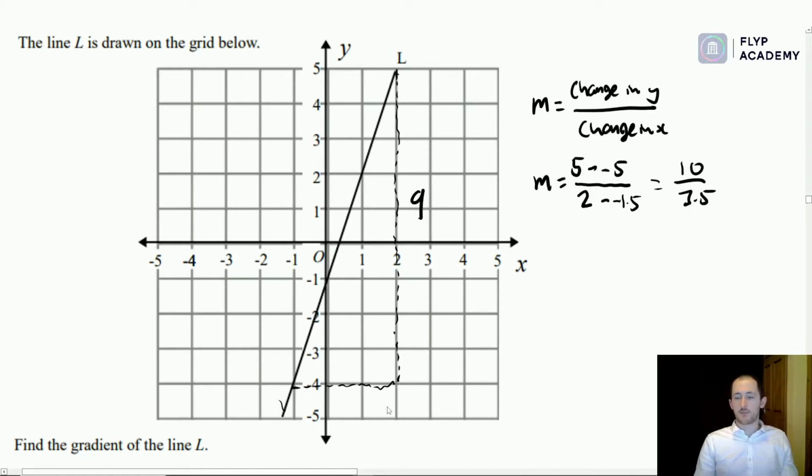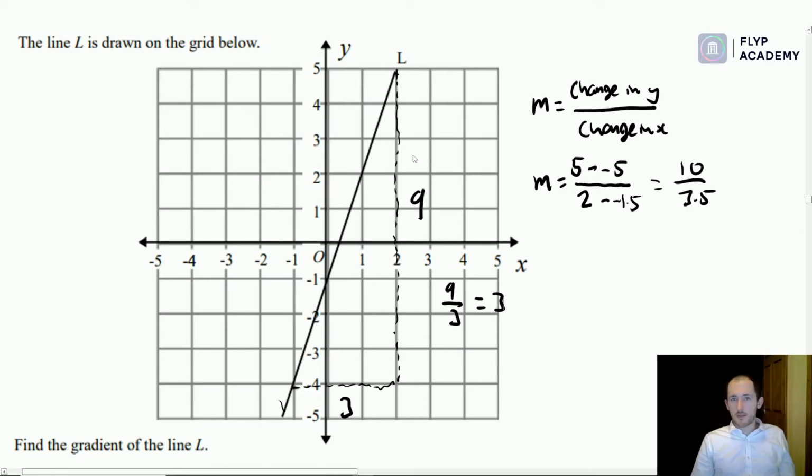How many across is it? It's 3 across. Then I just divide the height by the width, and that would be 9 over 3, which is 3. Now if you notice, 10 over 3.5 does give you very close to 3. So that's completely fine, okay? That's why there's a discrepancy here. But that is how you would do that.